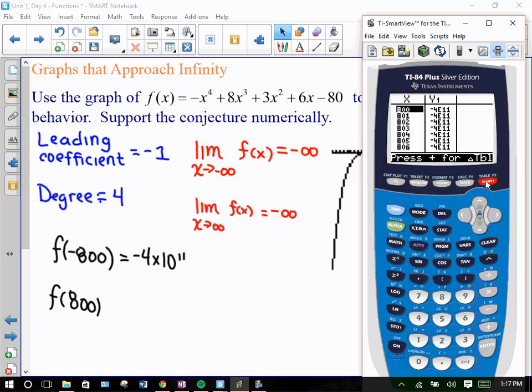Although, it's like the same thing. Negative 400 billion, or 400 billion, whatever I said. Clearly, it's going to negative infinity. And so again, it is equal to negative 4 times 10 to the 11. So, obviously, our limit, our end behavior that we just described is correct.